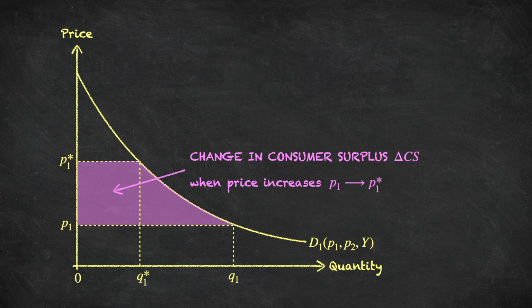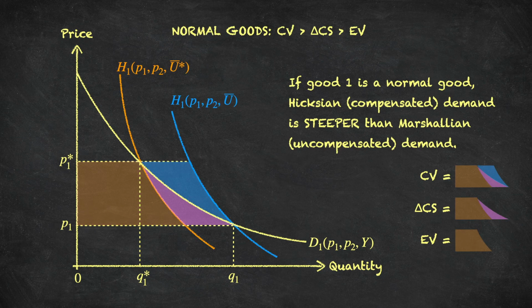So if we want to compare these measures, well, for normal goods, we know that the Hicksian compensated demand function is downward sloping when indifference curves are convex, but more importantly, it's steeper than Marshallian demand. Okay, now why is that? Well, for normal goods, the income effect will further, for instance, if the price decreases, you want to demand more because of the substitution effect, and the income effect is positive, so you demand even more.